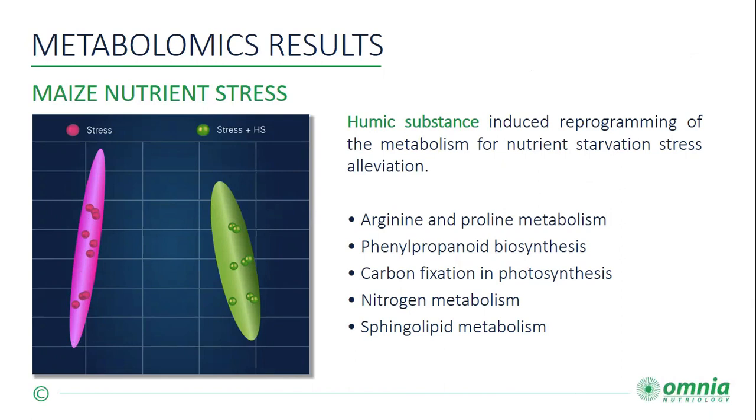In the case of this graph, we can again see two clear clusters representing two groups, which again show that the addition of a humic substance under stress has triggered a chain of biochemical events which moves the plant's metabolism away from the stress, closer to the non-stressed. And the pathways used in the study that we identified were again arginine and proline metabolism, phenylpropanoid biosynthesis, carbon fixation, photosynthesis, just to name a few.